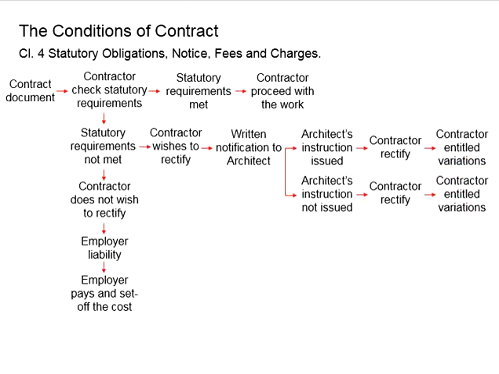Let's say now the contractor is silent on the conditions where the statutory requirements are not met, either due to his overlooking the issue or purposely not wishing to rectify. If anything happens when it comes to the enforcement, the liability will be on the employer theoretically.